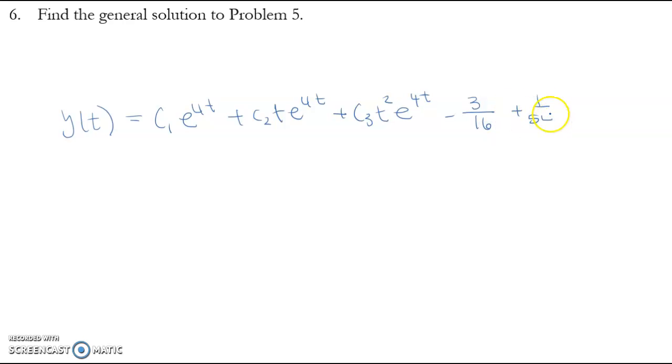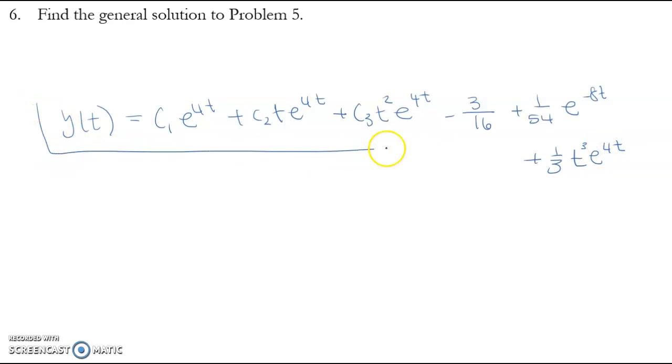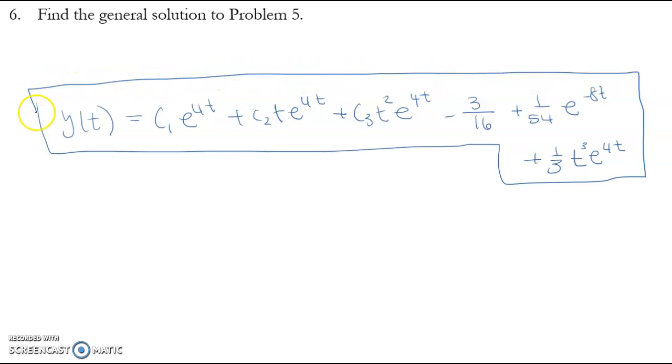B is 1 over 54. And finally, our C is 1/3. Okay, so again, you should get this after you take the derivatives and plug them into our equation. That should be the general solution for number 5.